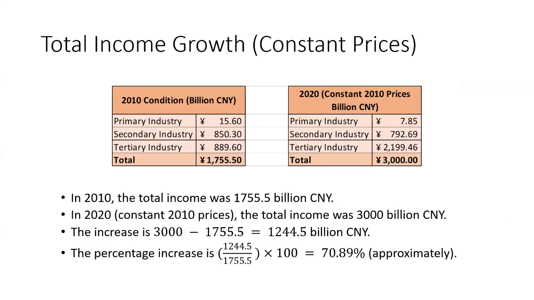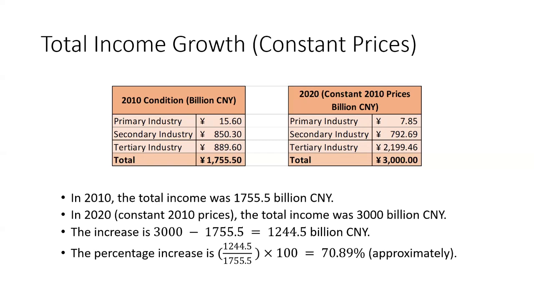And now, let's calculate the total income growth at constant price. Here is the table of 2010 condition in billion Chinese yuan and 2020 constant 2010 prices billion Chinese yuan.